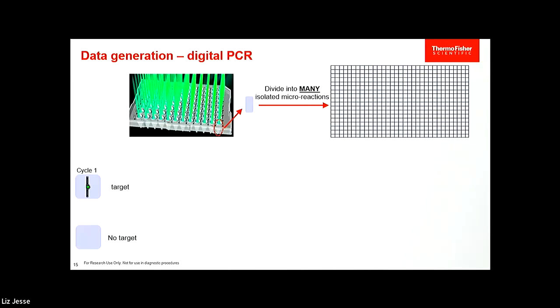In a digital PCR scenario, we're going to take that same well, but instead of running all of the DNA together and taking an amplification measurement as it goes through the PCR cycles, we're going to take that and spread it out over thousands of microreaction chambers.